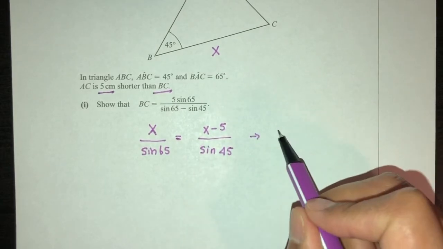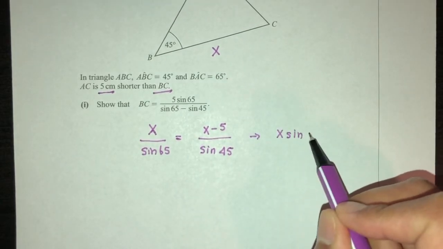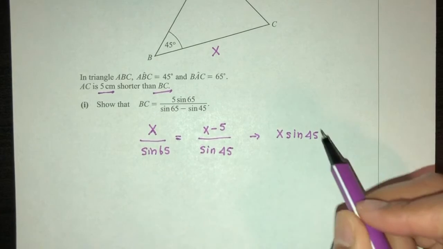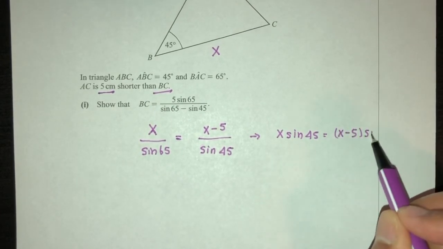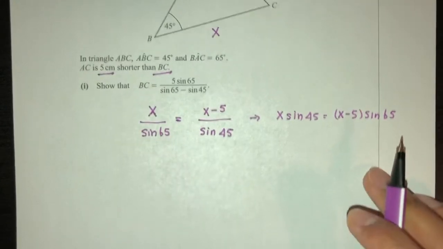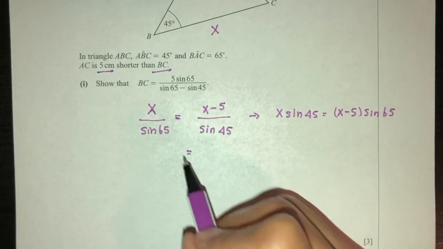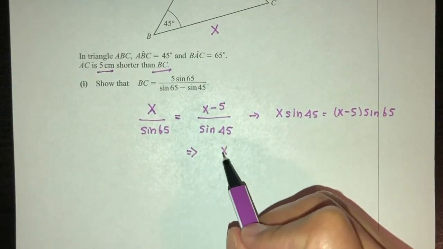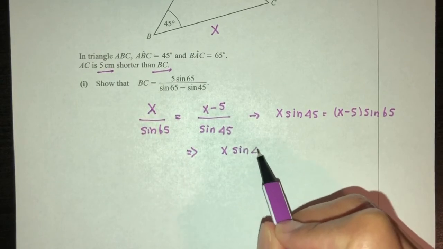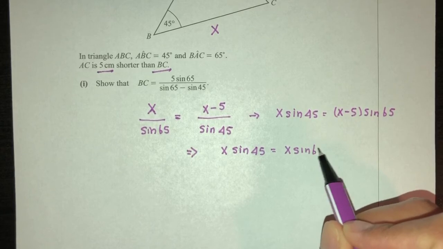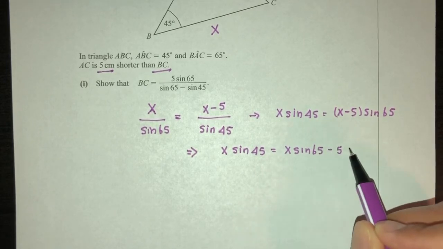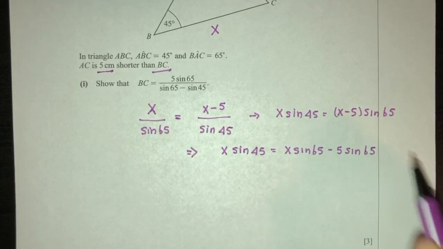You will have X sine of 45 is equal to X minus 5 times sine of 65. So that should give you what? That will be X sine of 45 is equal to X sine of 65 minus 5 sine of 65.